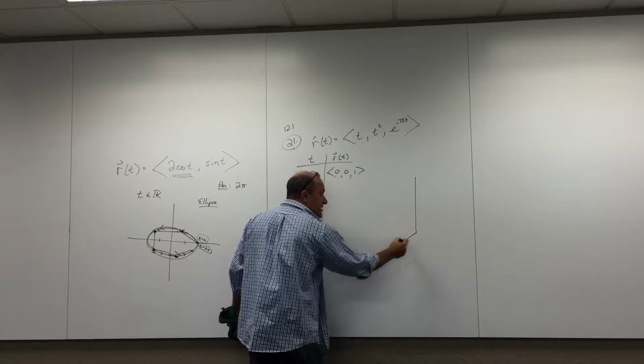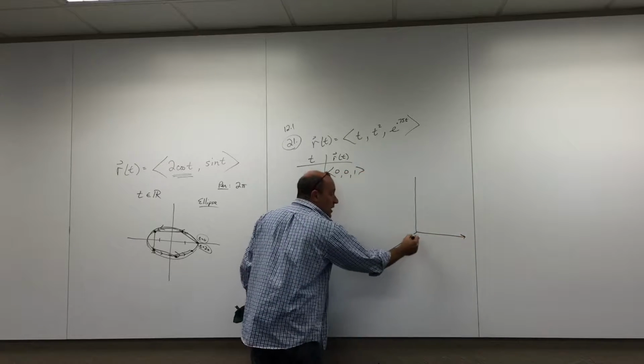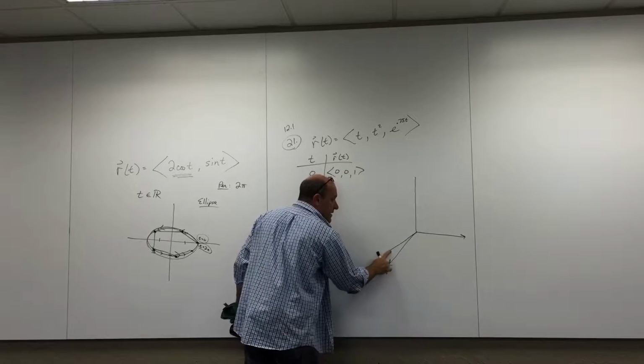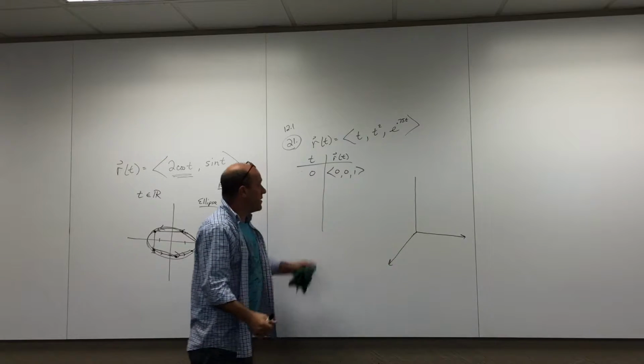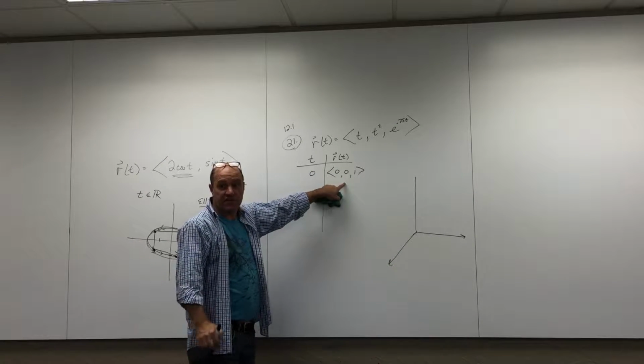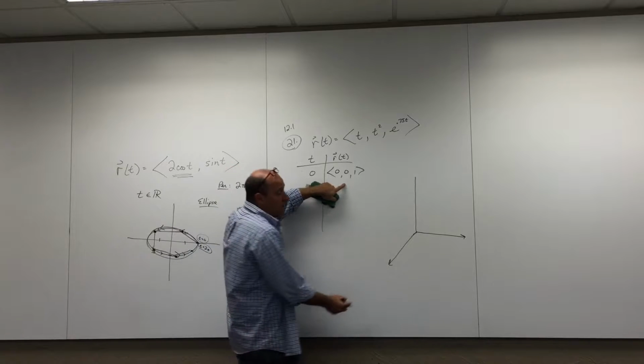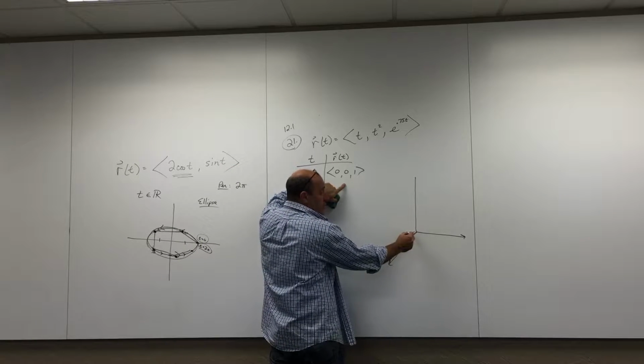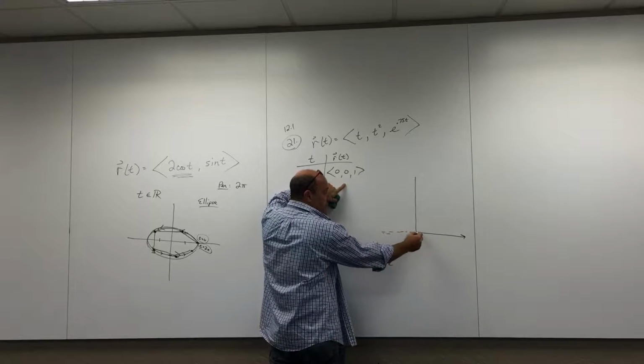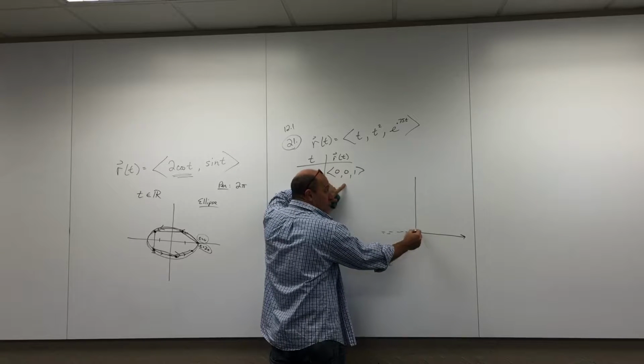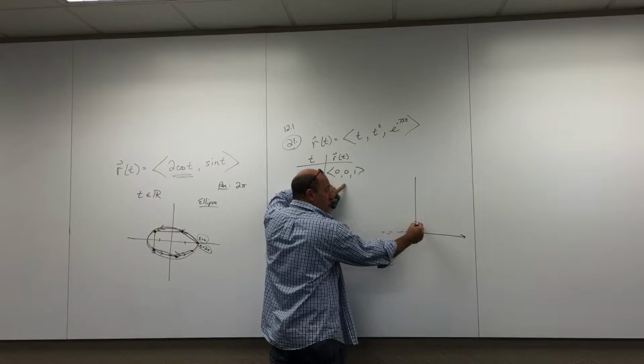This is going to be a messy graph if I start drawing this. What I have here is a position vector, and the position vector is 0, 0, 1, which starts at the origin. 0 in the x, 0 in the y, 1 in the z. So it goes up 1.